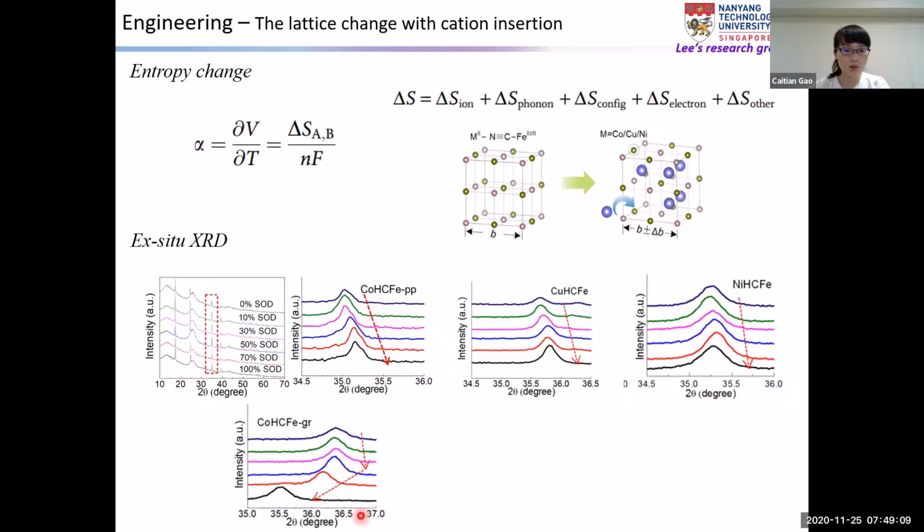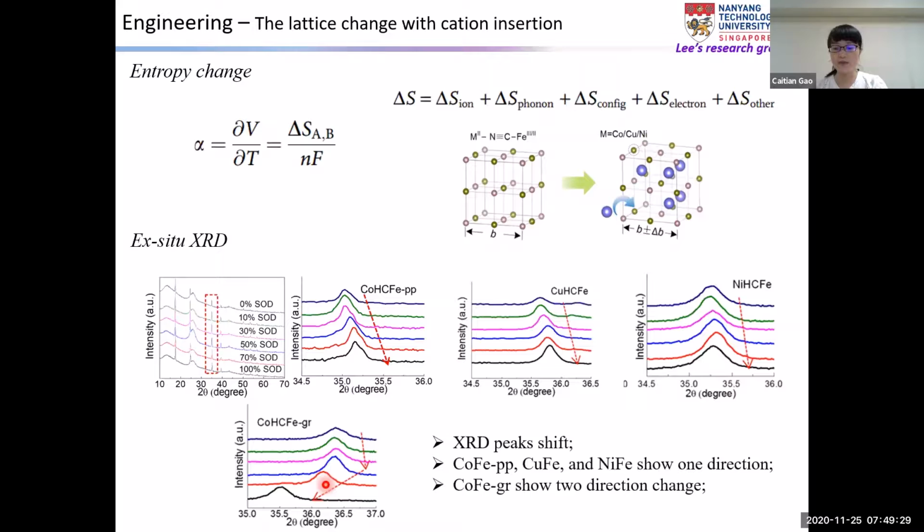In this material, cobalt green, we found initially it has a lattice decrease tendency, and then the lattice increases. That means the cubic shrinks initially, and then with the intercalation of sodium, it expands again.